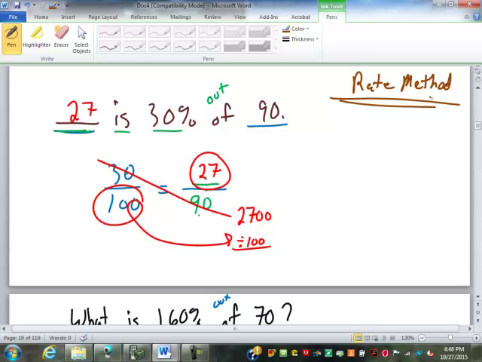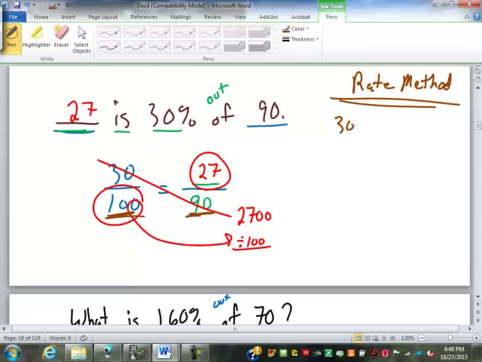They define something called the portion and the base. The portion is a piece of the whole amount. Then there's the base, which is the starting amount. Whatever matches up with the 100 is the base, the original amount. But anyway, in the rate method of percents, we turn our percent into a rate or a decimal.